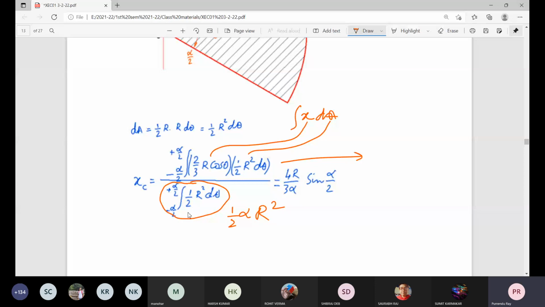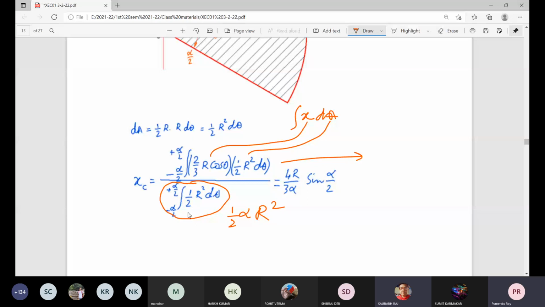Now, is it clear? Sir, show the previous slide. This one. 4r divided by 3 alpha sine half alpha. That is the major thing.